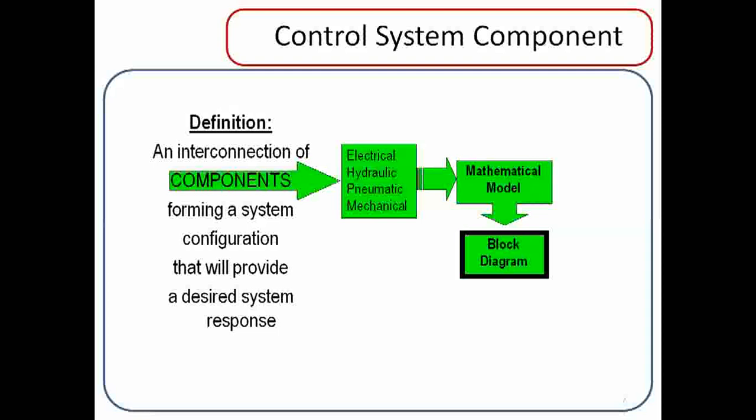First one is the electrical mode, then hydraulic mode of operations, pneumatic mode of operations, and mechanical mode of operations. And when these operations are given to the systemic device, the mathematical modeling needs to take place as per the design criteria or dimensional accuracies of each and every component, and an outline view or a block diagram will be drafted.